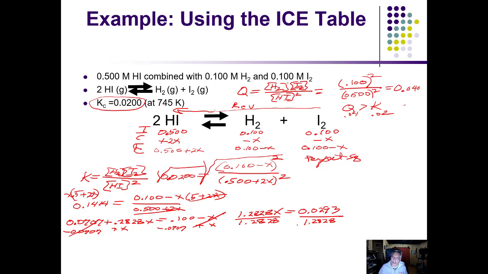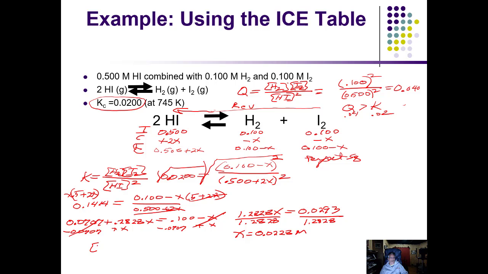And that gives me an x value that's equal to 0.0228 molar. So let's go ahead and calculate the concentration at equilibrium for all the components of the reaction.